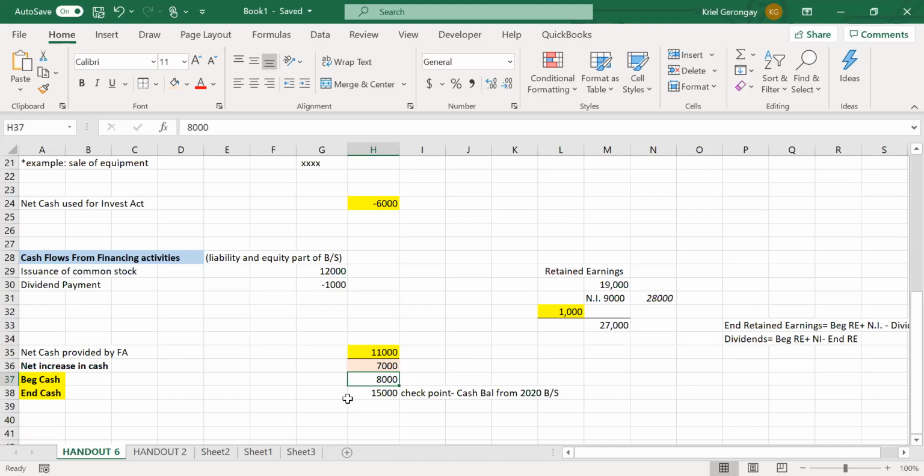Yeah. We just add these two together to check if we got the correct answer. So 7,000 plus 8,000 is 15,000, which is the cash balance from the 2020 balance sheet. If you look at the cash account again from handout 6, under 2020, your cash balance is 15,000. Oh, okay, I see. Thank you.